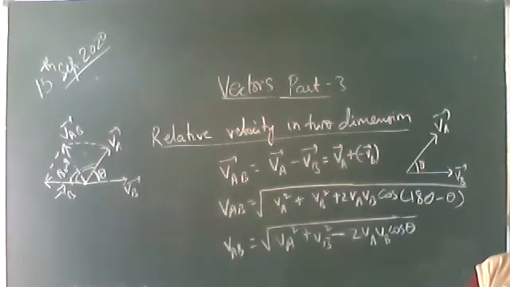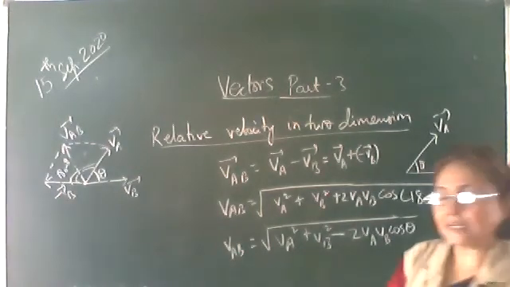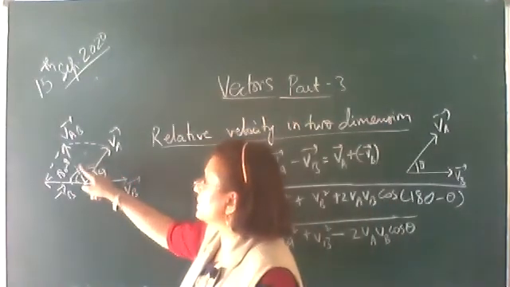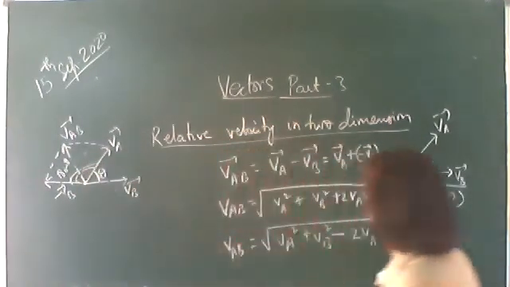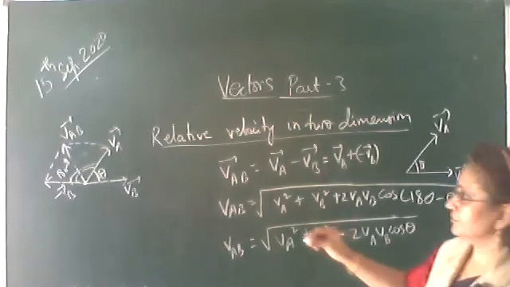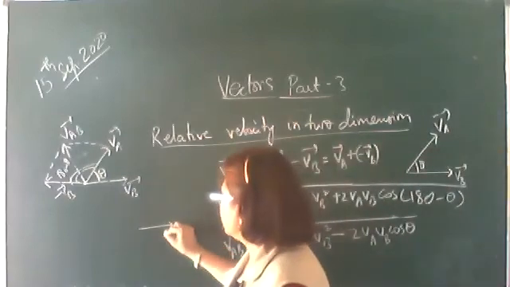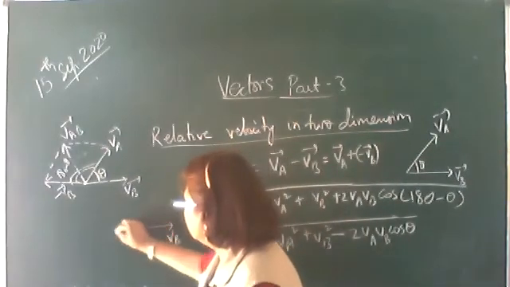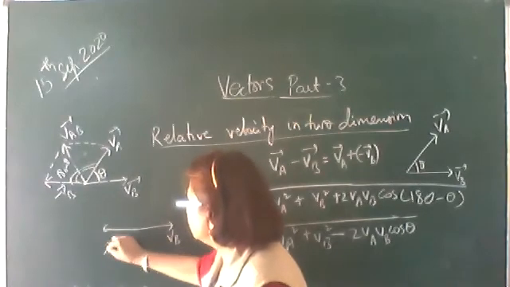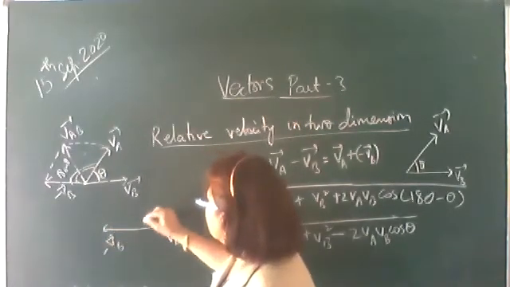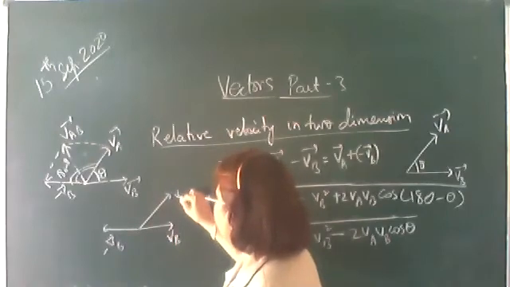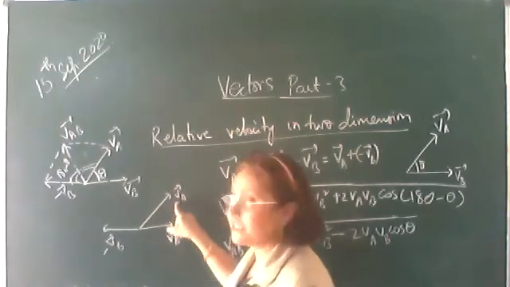Can you find out the angle the resultant makes with the first vector? What is the first vector over here? This is VB vector, minus VB vector, VA vector. Okay, what is the first vector?